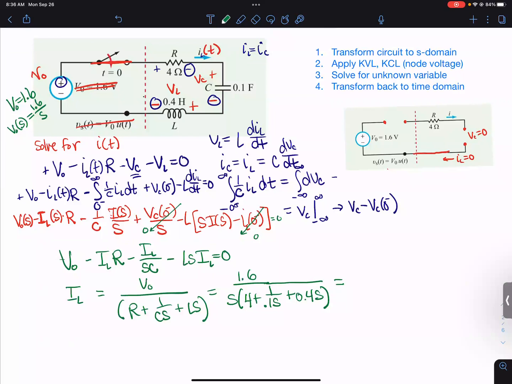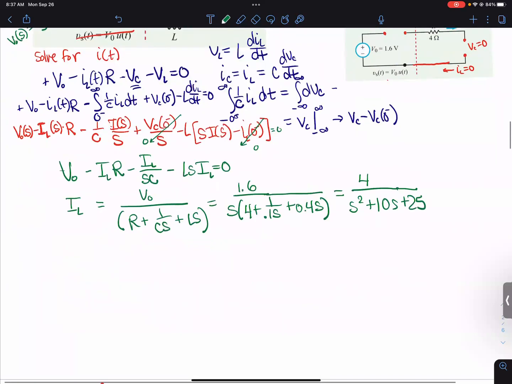And multiplying those out, you get 4 over S squared plus 10S plus 25. And that ends up being S plus 5 squared. So this is the IL of S.